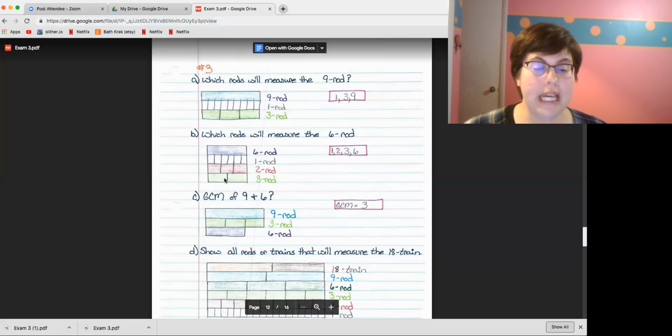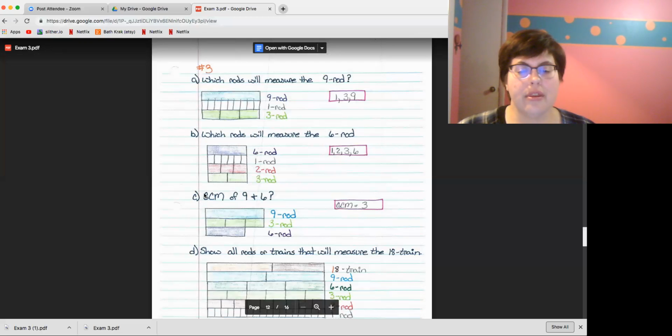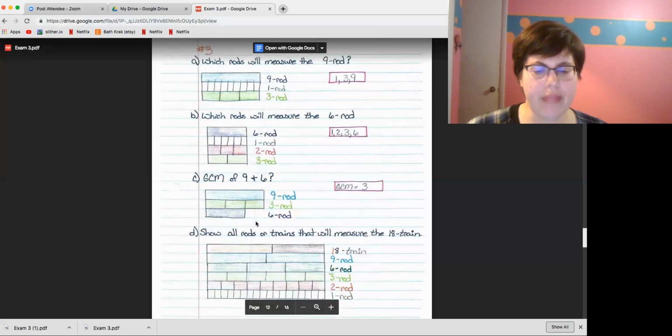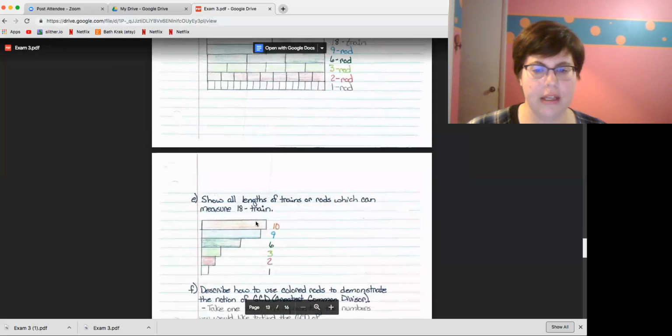And 2 3 rods is equal to 1 6 rod. So for C, we're looking at what can go into each one evenly, and that is the 3 rod.